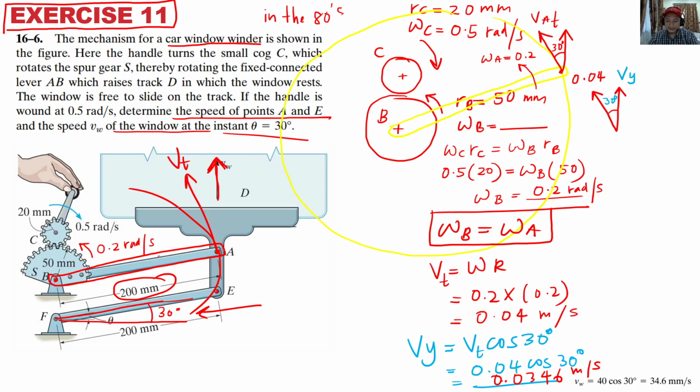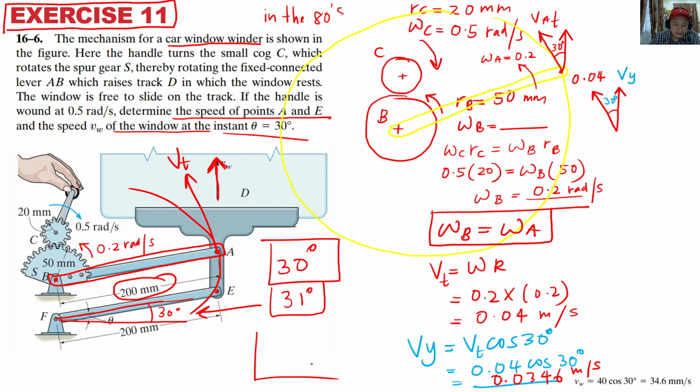So there you go. This is being calculated at 30 degrees, and 30 degrees only. If it changes to 31 degrees, it's already different. So you have to plot V versus theta or versus time.